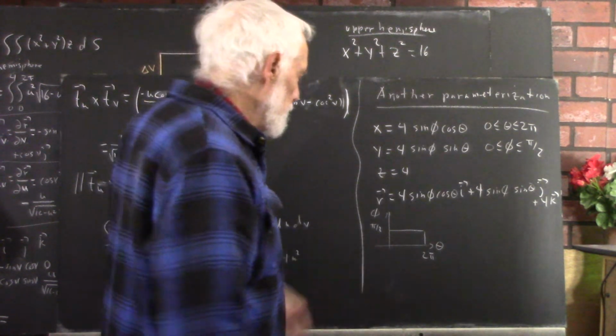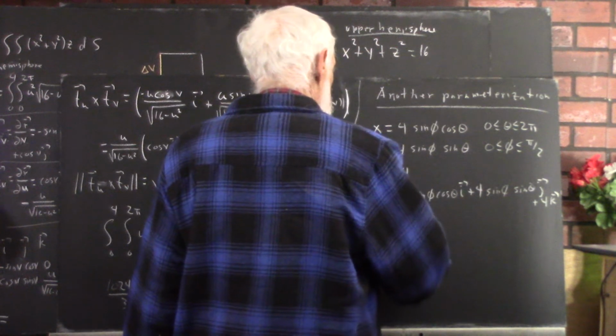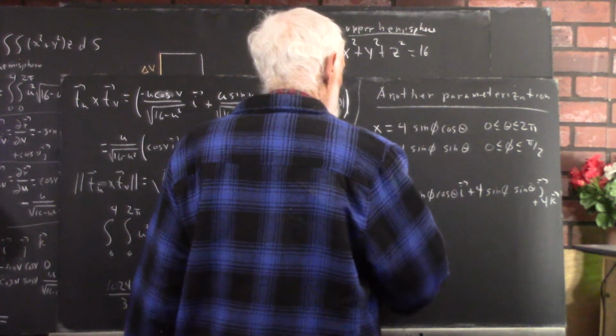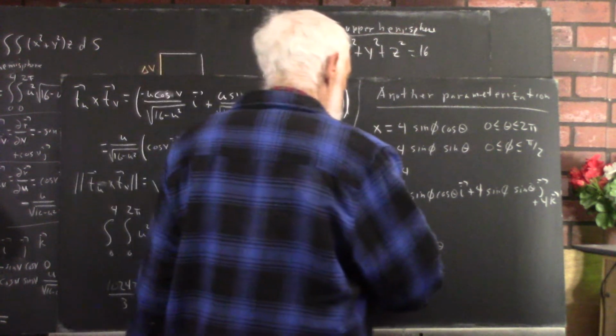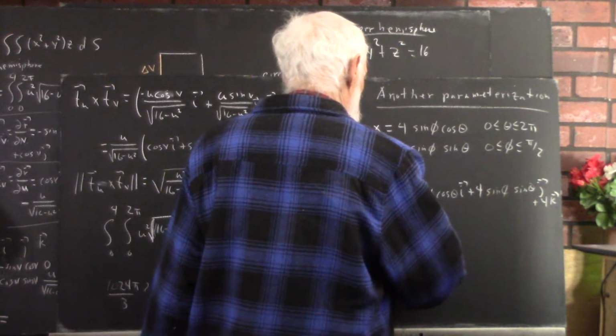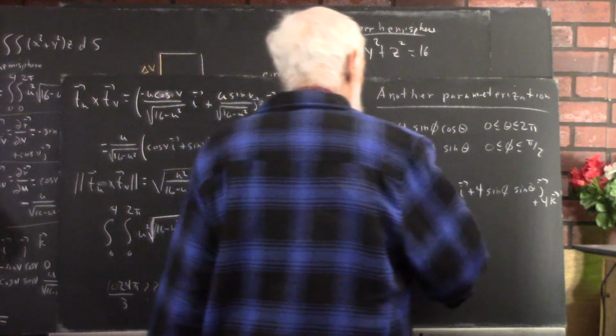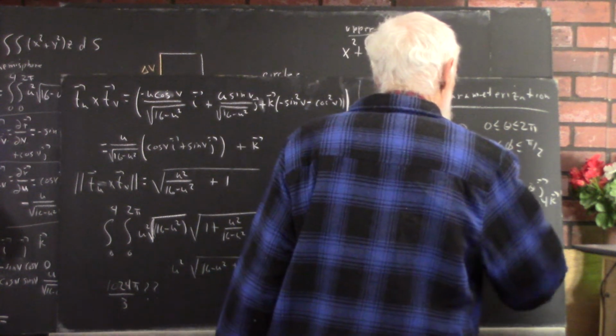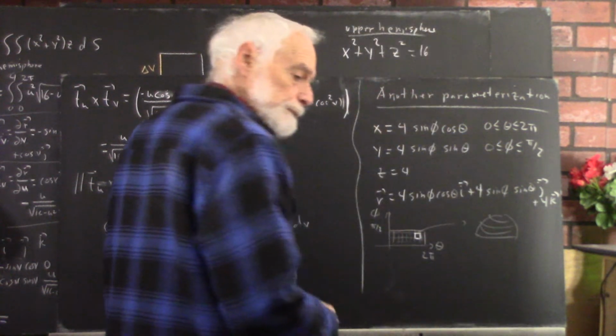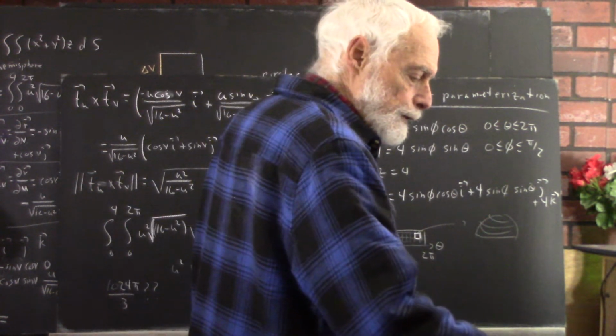Dimensions 2 pi by pi over 2. You partition theta, you partition phi. You take a typical increment and you map it onto the hemisphere.